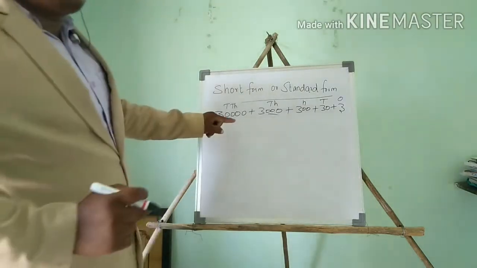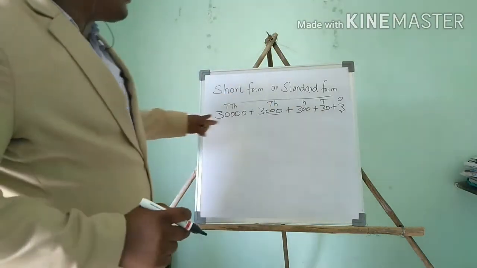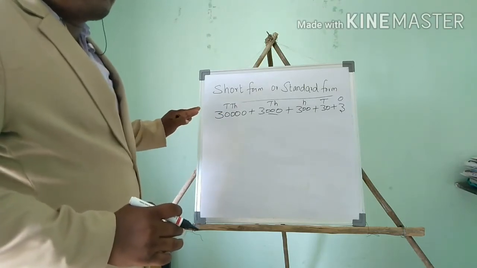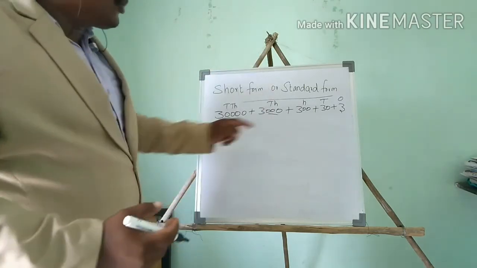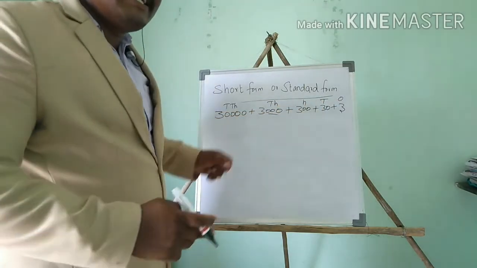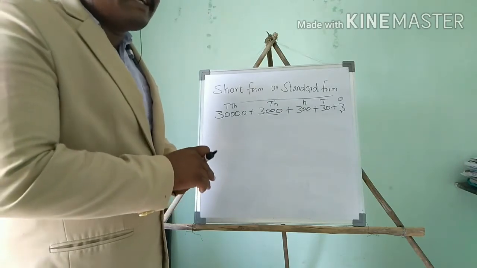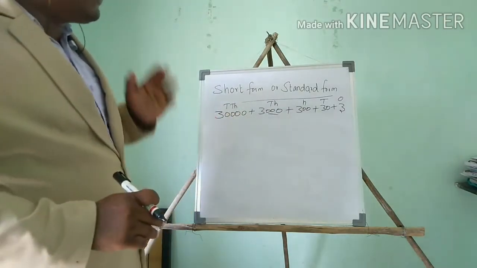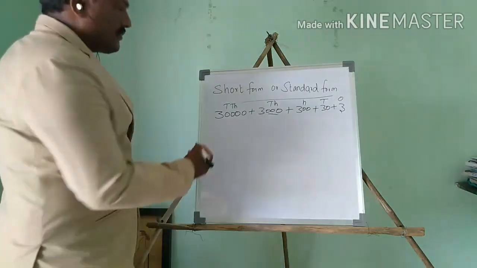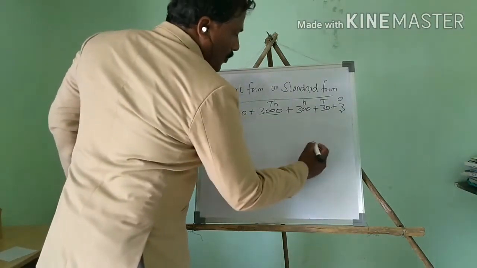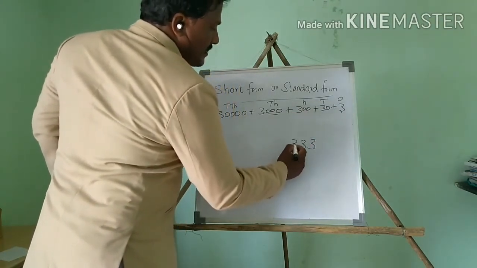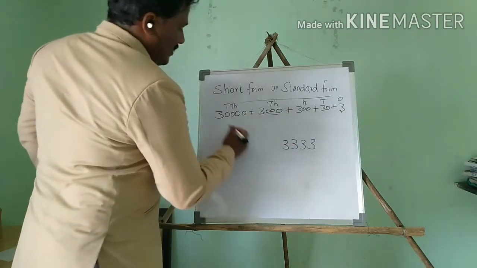So the given number is in order continuously. They match the place value chart: ones, tens, 100, 1000, 10,000. If the given number is continuous, we can easily write the standard form or short form. Like we take first 3 in the ones place, then 3 in the tens place, 3 in the 100 place, 3 in the 1000 place, 3 in the 10,000 place.